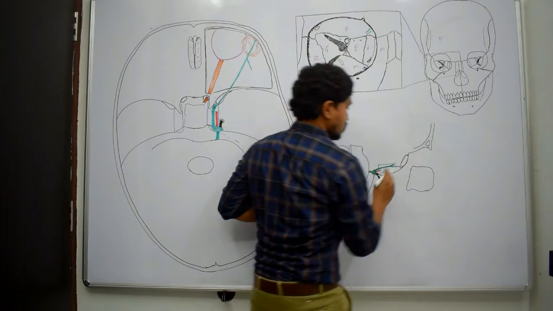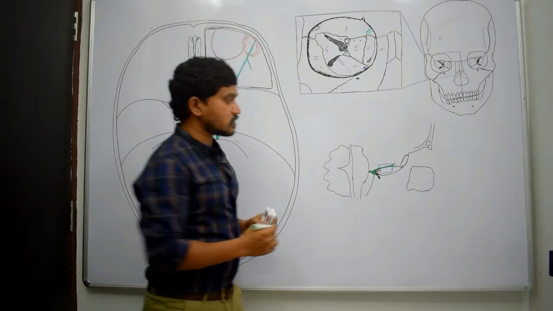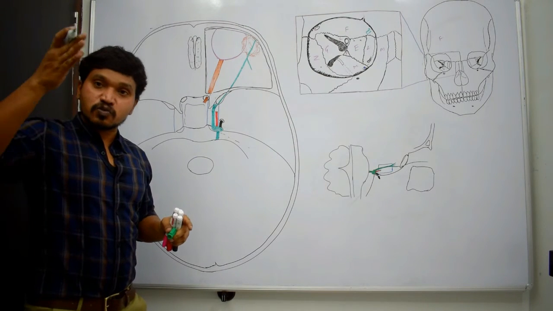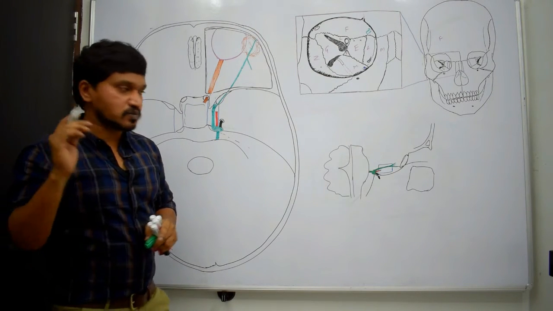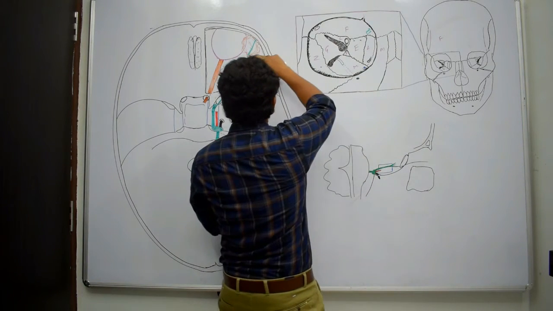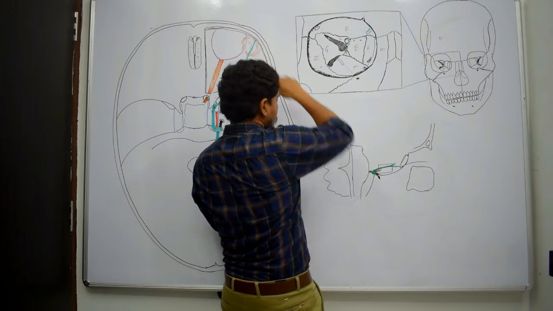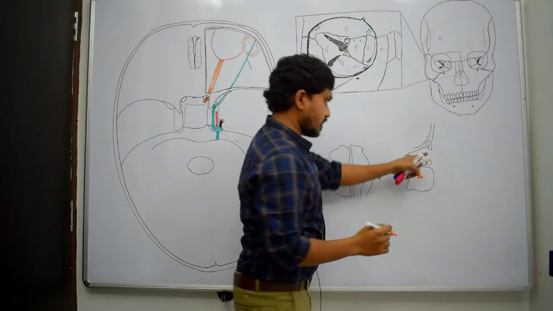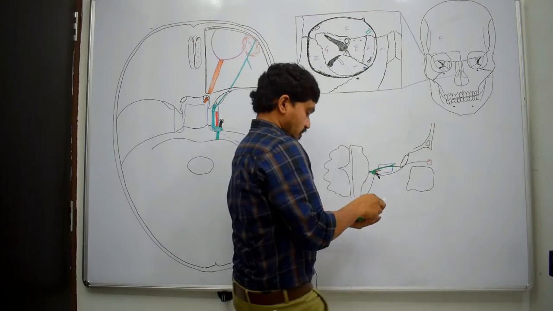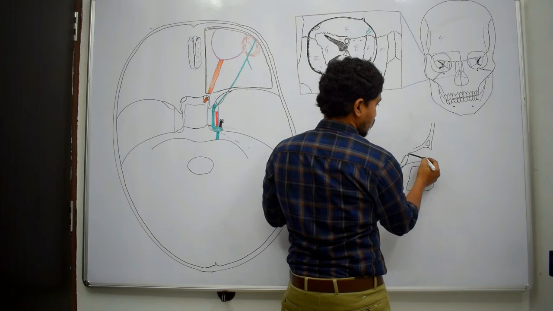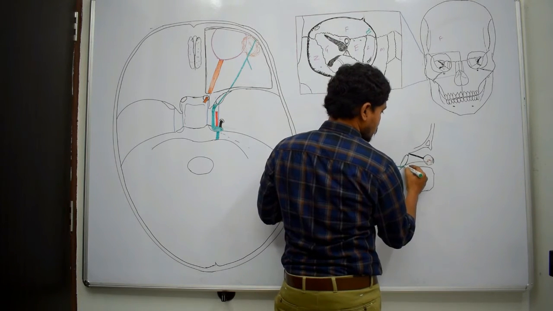After passing through the superior orbital fissure, it enters the orbit, passing superficial to the lateral rectus muscle, and somewhere here you can find a gland. What is this gland? Lacrimal gland. I didn't draw the eyeball. The eyeball will be present here. This is the optic nerve, and here the eyeball. This is the lacrimal nerve.